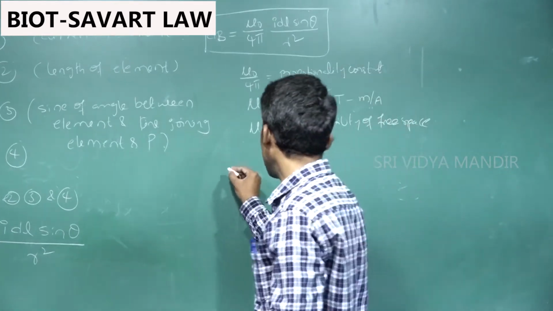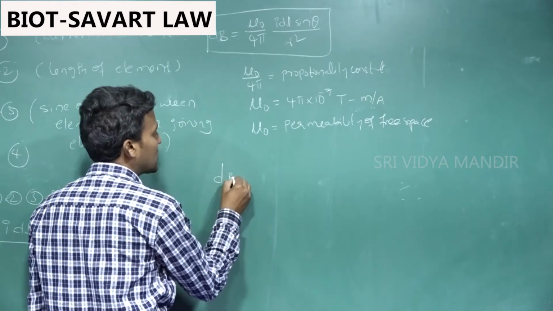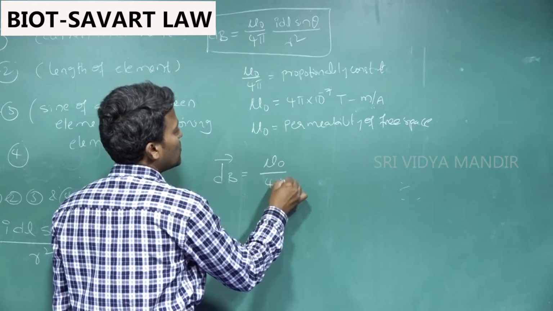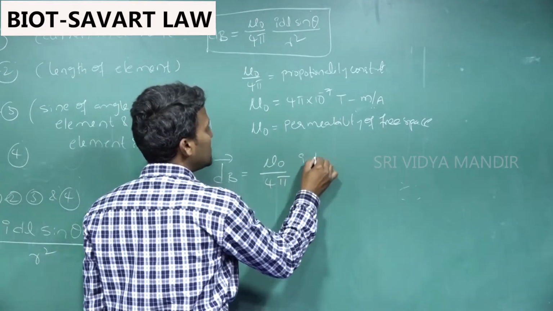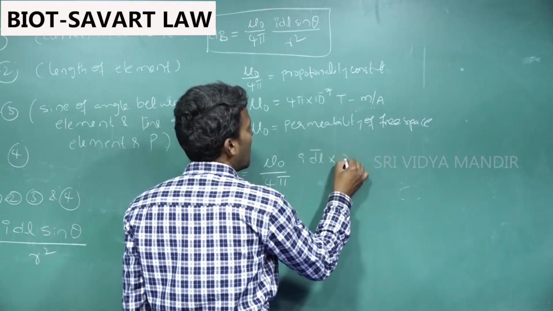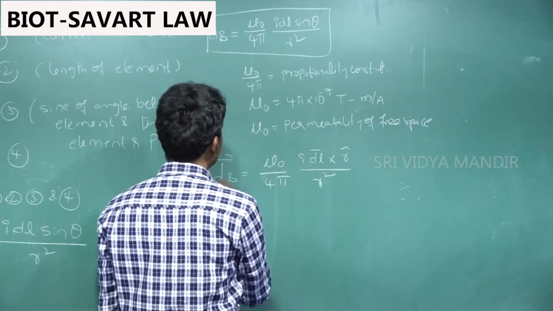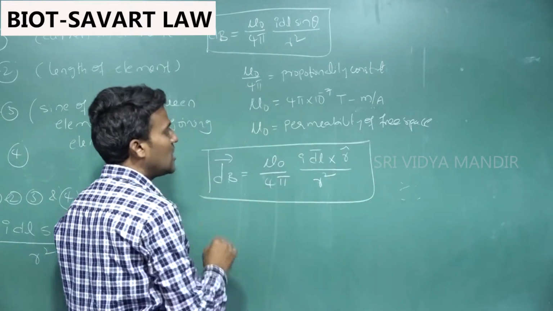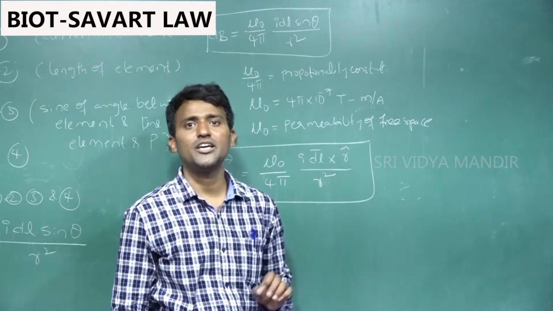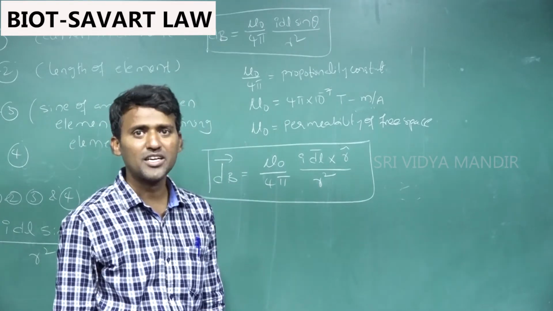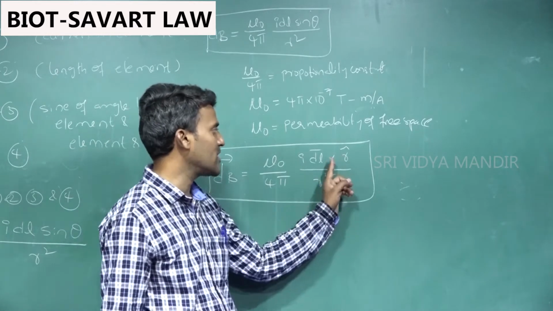In vector notation, you can write mu naught by 4 pi into I dl cross r cap divided by r square. Here r cap is the unit vector, and this is a cross product.